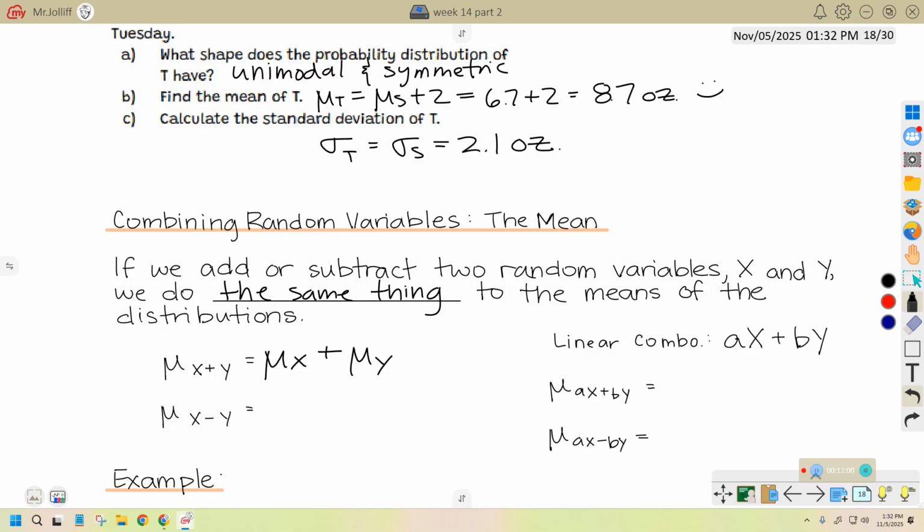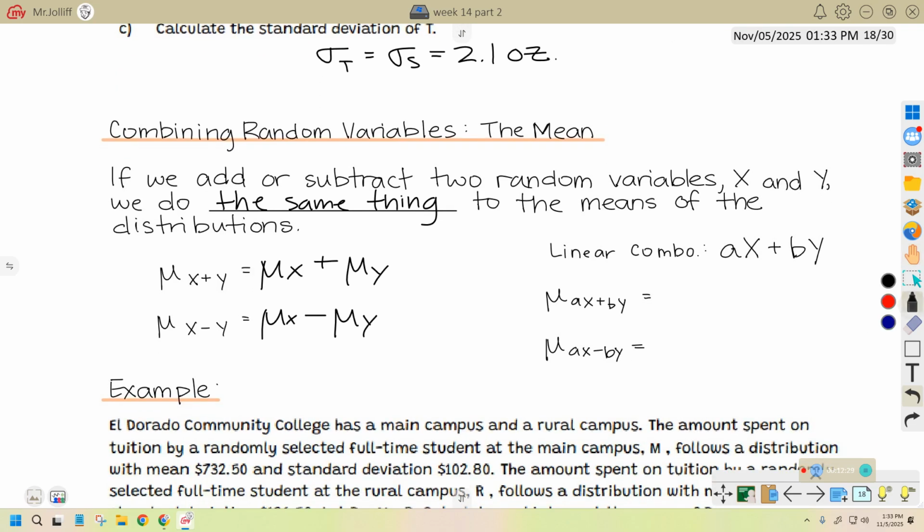What if I'm subtracting the distributions? I'm looking for a difference. We're all so quiet, Addie. If this switches to subtraction, what happens here? Subtract. Yeah. Means are the uncomplicated guys. Add the data, add the means, subtract the data, subtract the means.